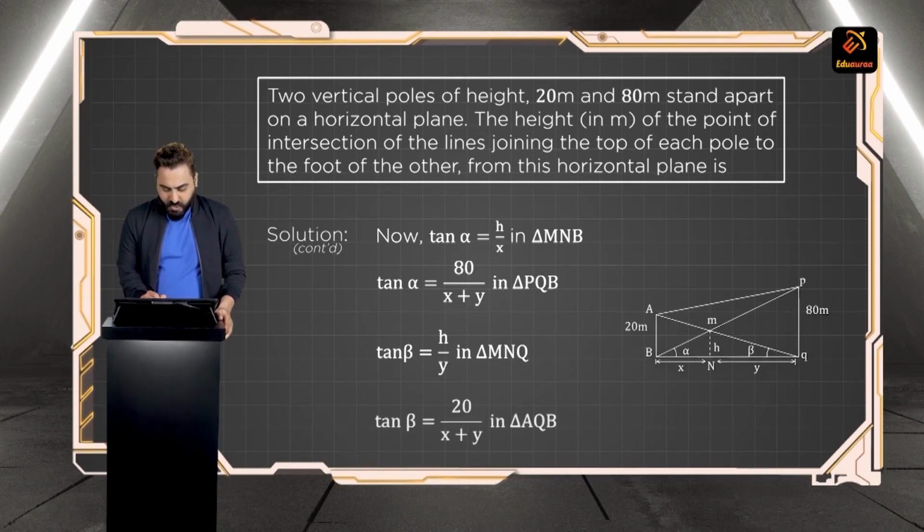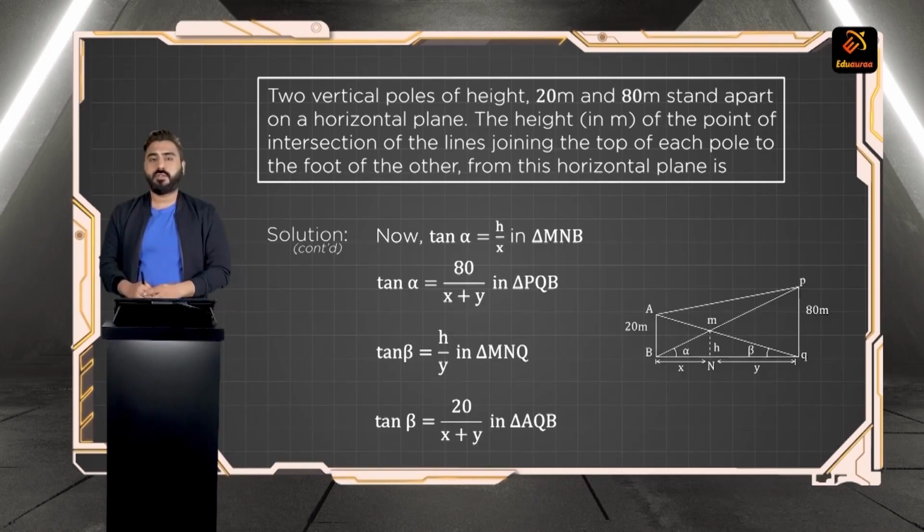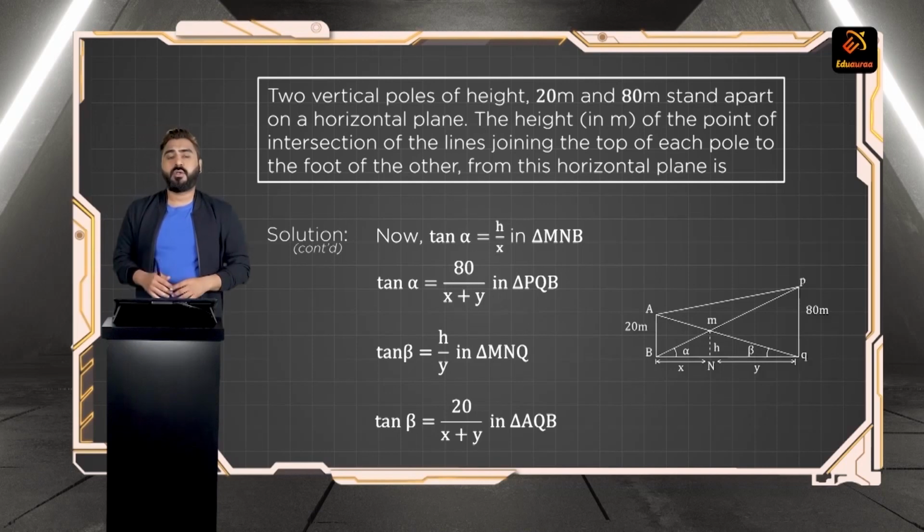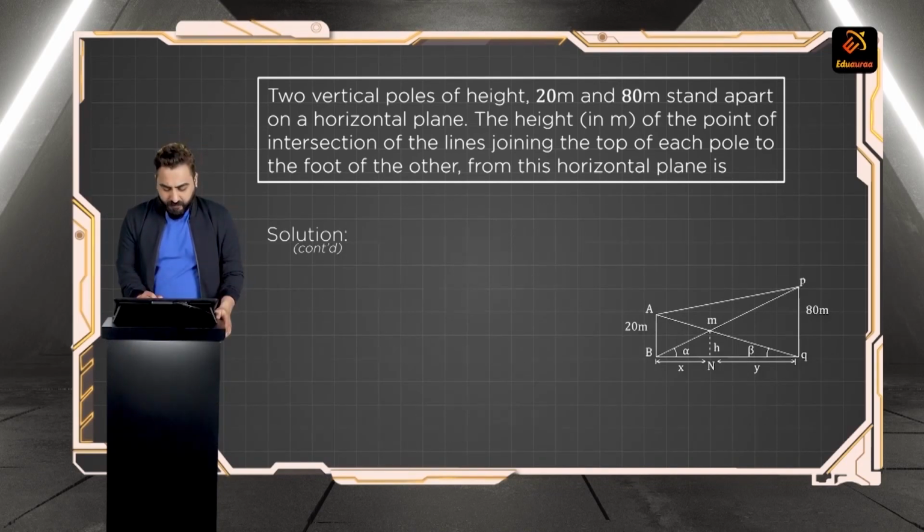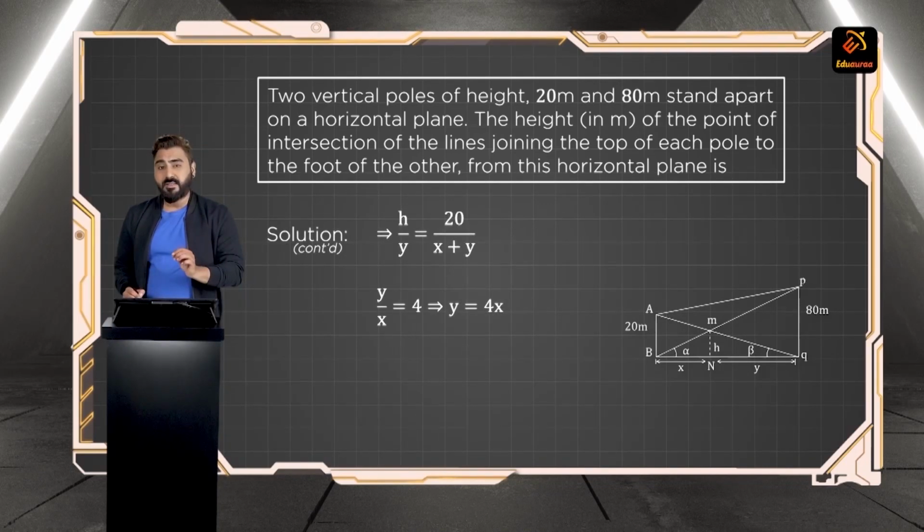Similarly, the value of tan beta will also be 20 upon X plus Y in triangle ABQ. Now students, from this what can we say? When we equate these two equations, we get Y upon X is equal to 4. So from this we can write Y is equal to 4x.